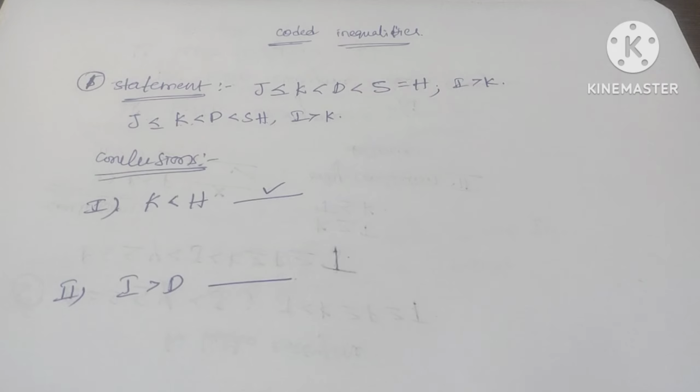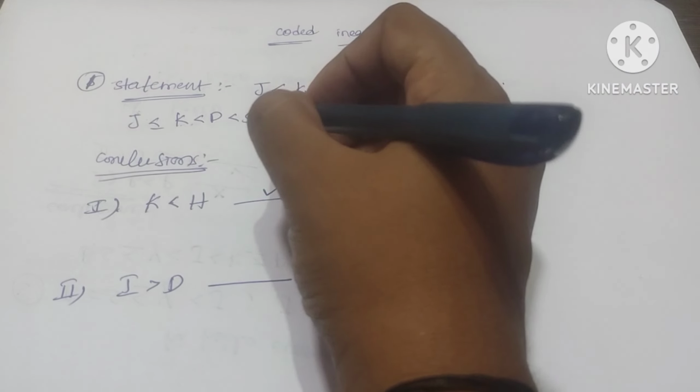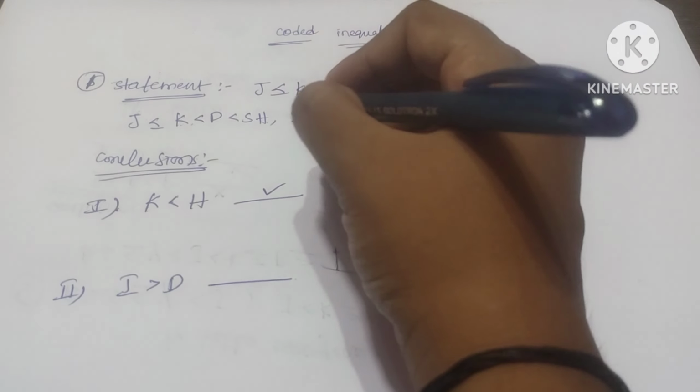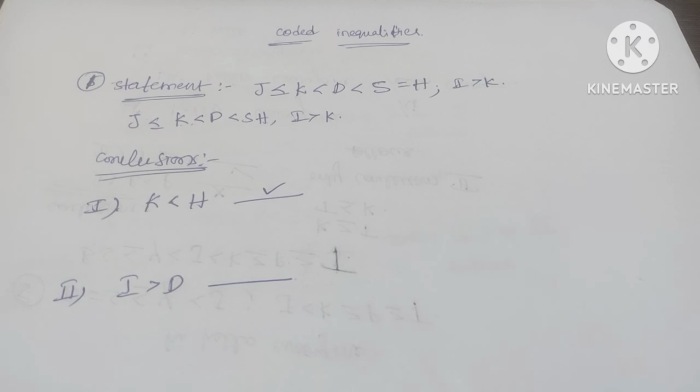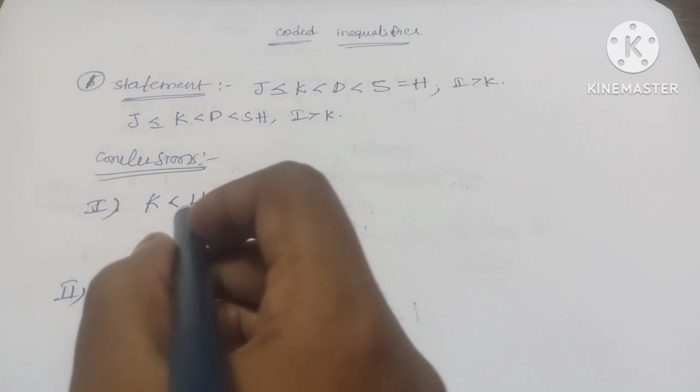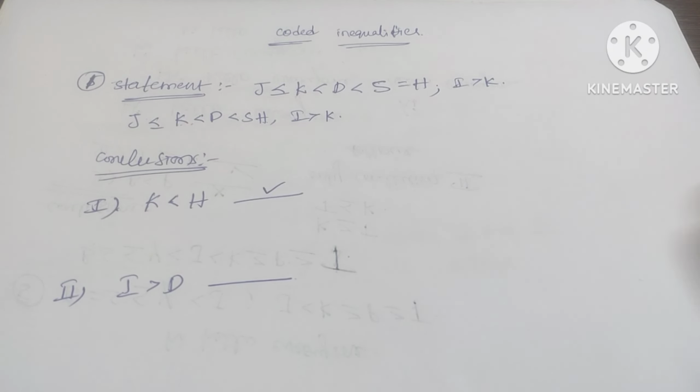But here the statement ends with one letter and the second statement starts with a different letter, so there is no need to combine them. We have to solve with the help of the conclusions.